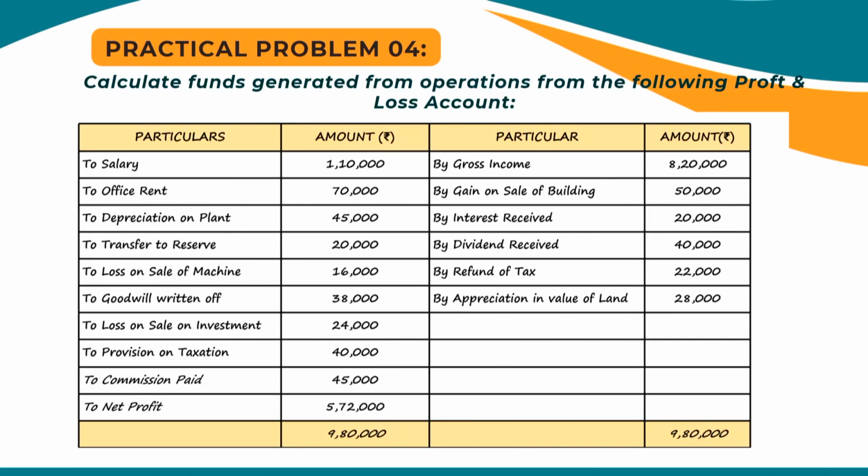Moving ahead, another question to calculate the funds generated from operations with the information provided as per the profit and loss account. Moving with the same steps, we start with the statement of computation of funds from operations, your funds generated from operations.